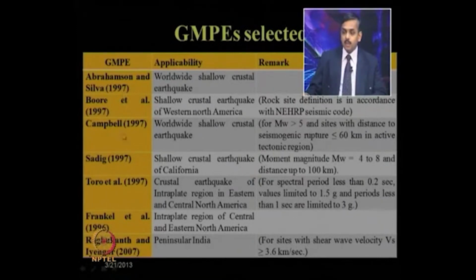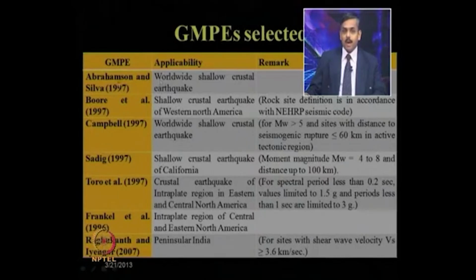Among these 7 ground motion prediction equations or attenuation relationships, which we are planning to use for our seismic hazard analysis, only the last one is for peninsular India; all the others are from worldwide data, not from Indian data.